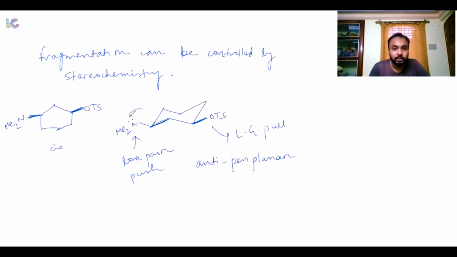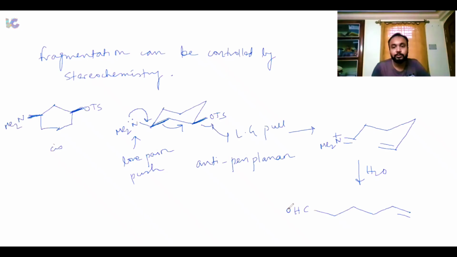So this will come here, it will push, this bond will go over here, and this will leave. We end up with NMe2 plus here, and we get a double bond. If we treat it with water, we get the product of this reaction.